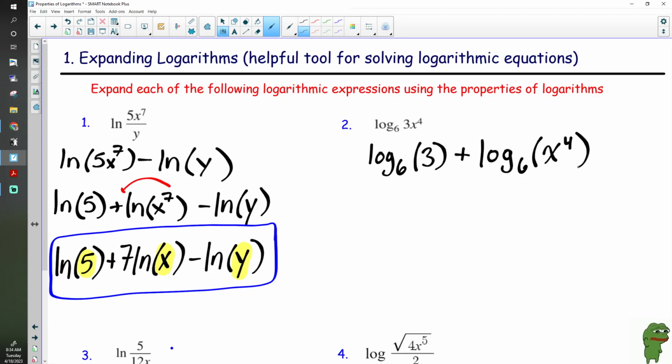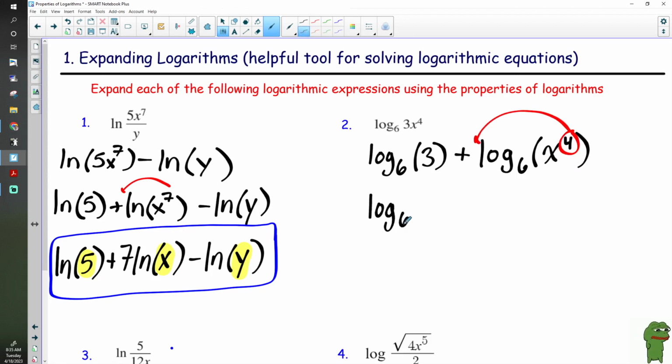Log base 6 of 3, that only has one thing, so that's good. That's done. Nothing else to expand. Log base 6 of x to the 4th, although there's nothing being multiplied or divided, there is an exponent. And whenever we have an exponent, we grab it and we put it out in front.